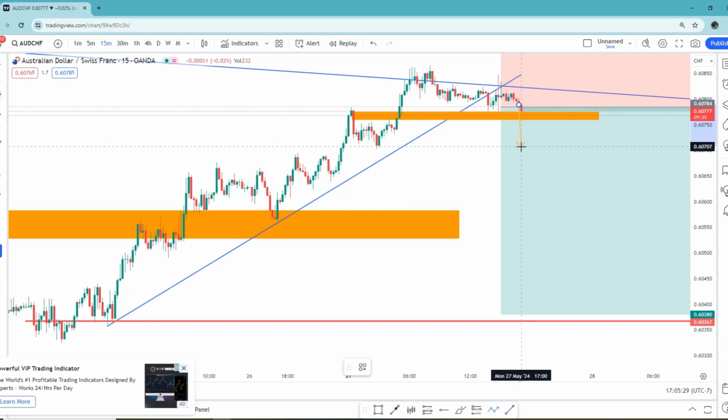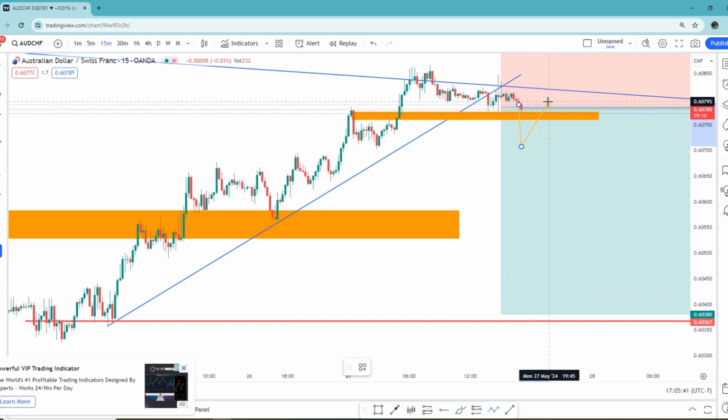So this is what I'll be waiting for, the market to come all the way down to this point here and give us the pullback. After the pullback here, we're just going to be waiting for the continuation. When the market starts going down this way around this point, then we're going to enter.